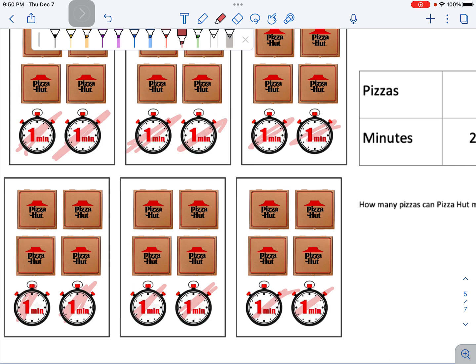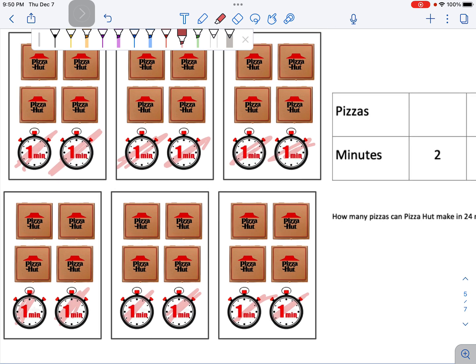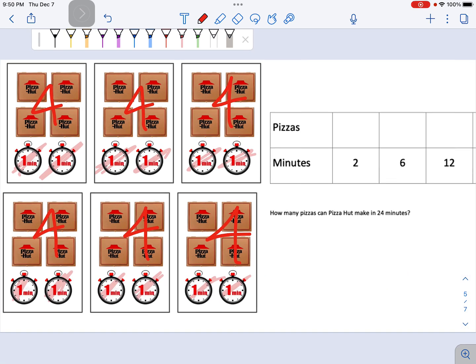There's 12. And each one of those rectangles contains 4 pizza boxes. So here's 4 and 4 and 4 and 4 and 4 and 4. Right? So I'm going to go back to this table and put in the information that we know. 2 minutes was 4 pizzas. 6 minutes was 12 pizzas. Well, now we have 12 minutes, and we have all these 4s.